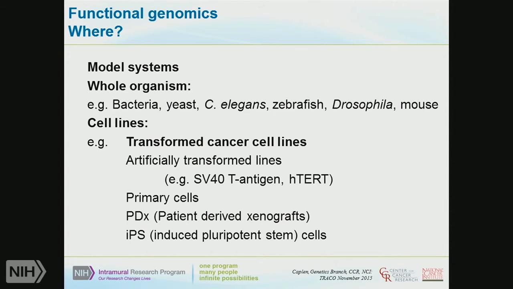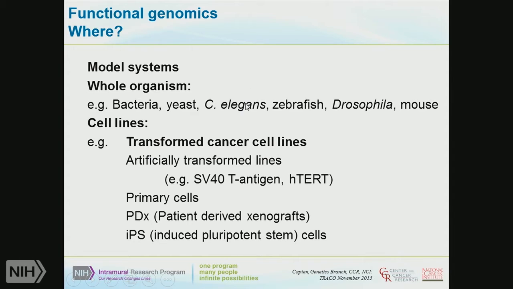So I just wanted to clarify where we're looking at the application of these. For the purposes of this presentation, I'm going to exclusively focus on transformed cancer cell lines and discuss it in that context. But I obviously want to make sure everyone is aware that a lot of these methodologies, particularly in some model organisms, have been extended to the whole organism, particularly early forward genetic approaches in bacteria and in yeast.